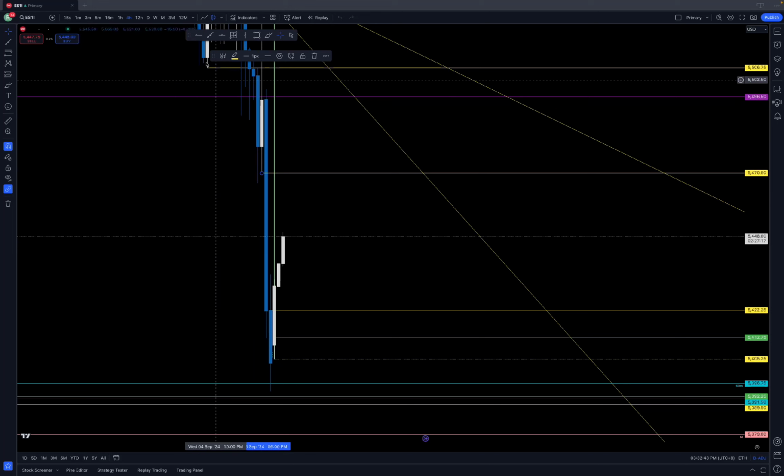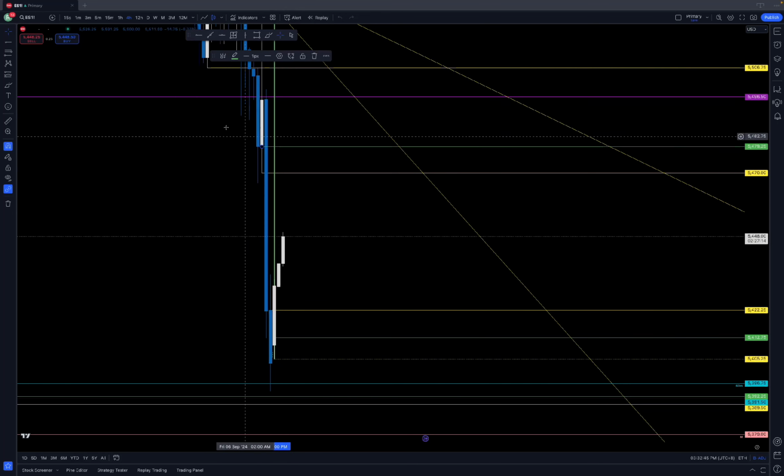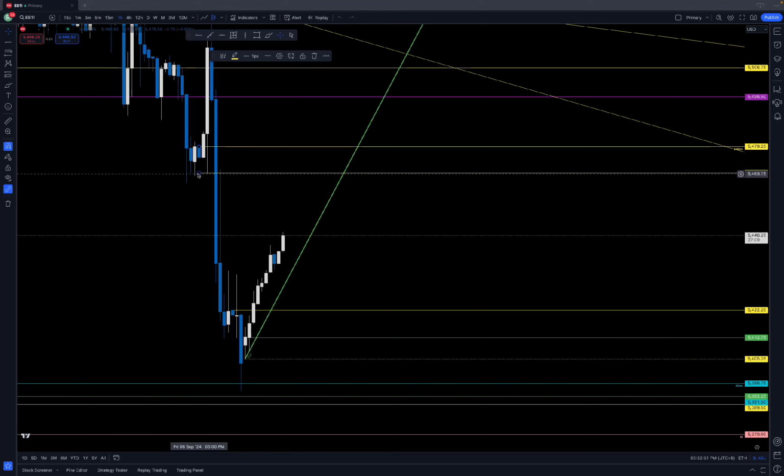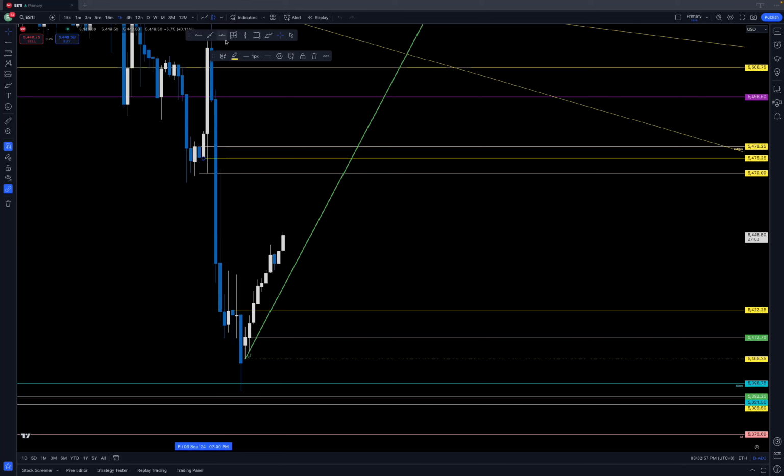So here's the 4. I'm going to mark the body of the 4 and go back down to the hourly. So the 4 wick is also, well, 4 wick, and then we have our hourly backside right here. But you also have an hourly backside right here. However, that looks like we tested already.